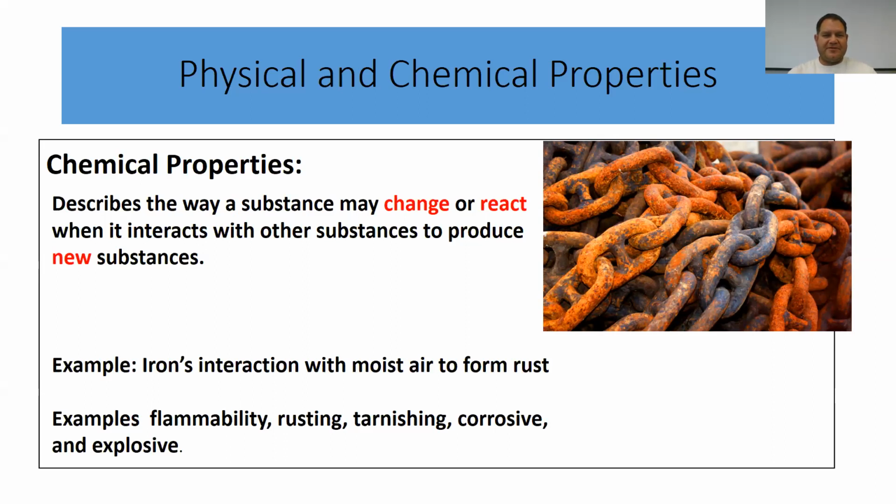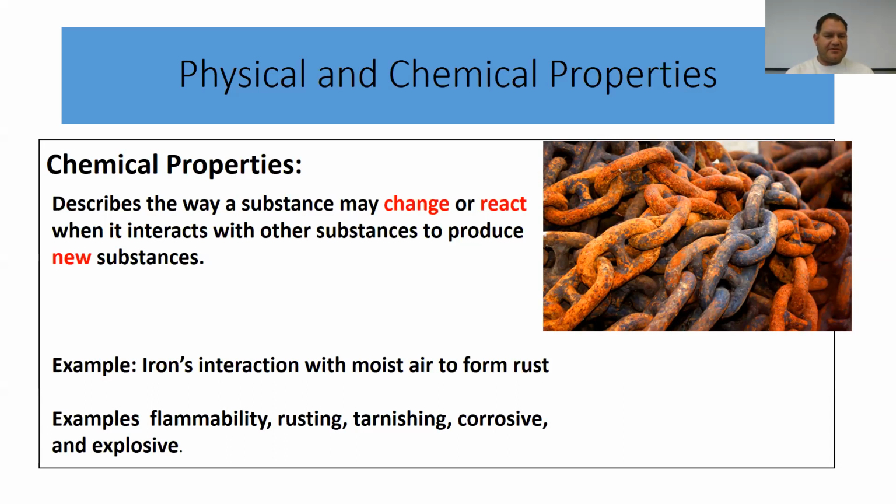Okay, so for instance, usually we use the term of a chemical property associated with a chemical change or a chemical reaction. An example would be when iron interacts with air, it often forms rust. And so the act of rusting is a chemical property for iron. Okay, it's a specified characteristic due to its interaction with air.